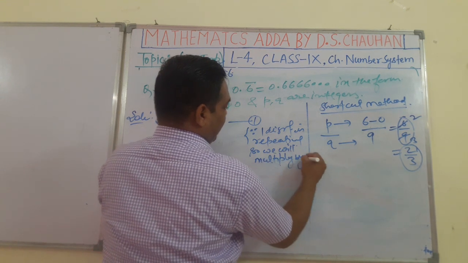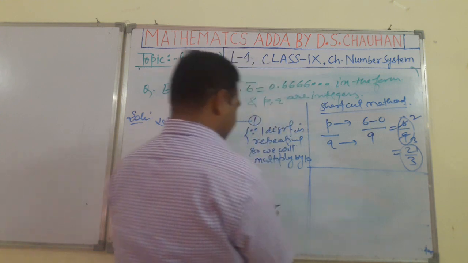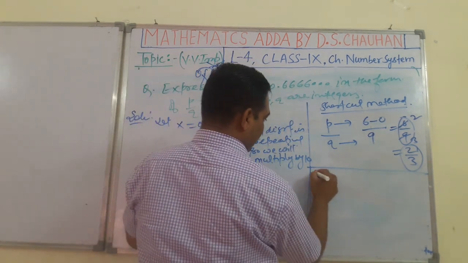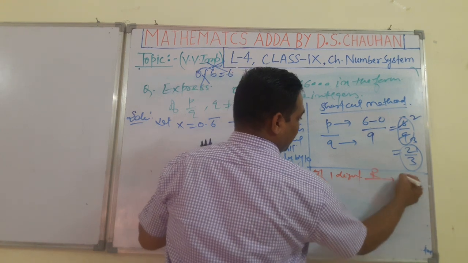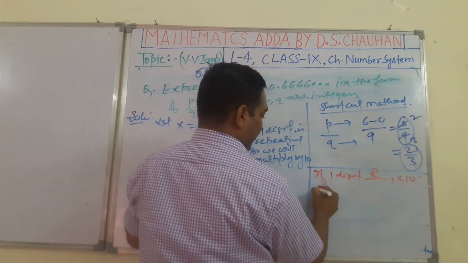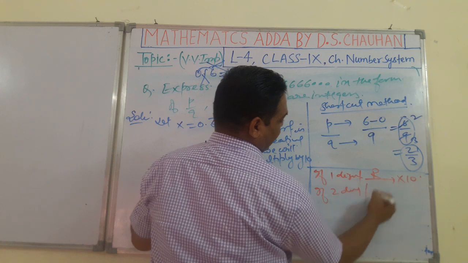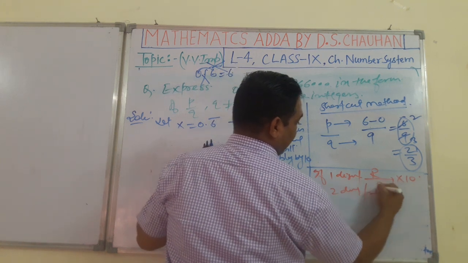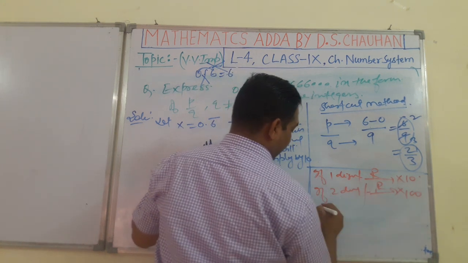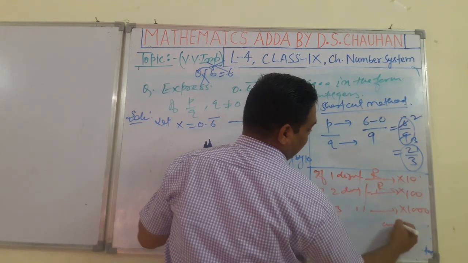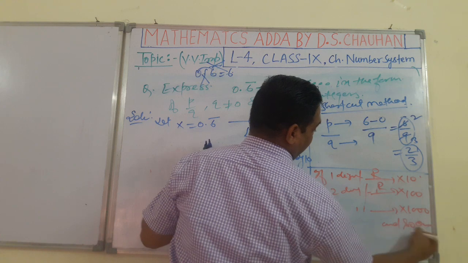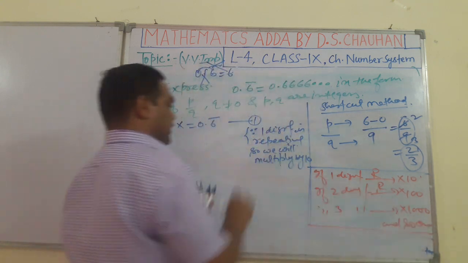For this, students, remember always: if one digit repeats, you have to multiply by 10. If two digits repeat, you have to multiply by 100. In case of three digits, you multiply by 1000, and so on. This is the process to proceed in these questions.